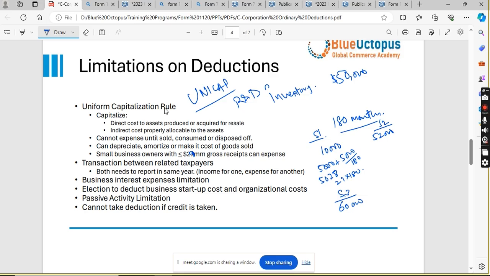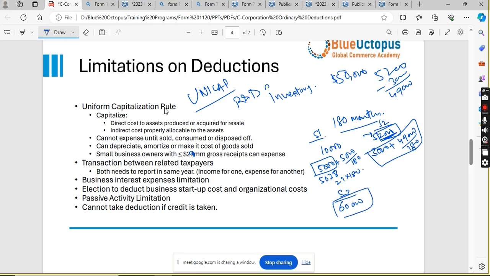If it is more than 50,000, then the first 5,000 will start reducing. That means here, if you see, 2,000 is more than 50,000, right? So this 5,000 will be reduced by the excess amount. So now it will be 3,000, and the remaining amount will be 52,000 minus 3,000, which is 49,000. So now this 3,000 plus 49,000 divided by 180 will start from the first month only and keeps on going for the 180 months.